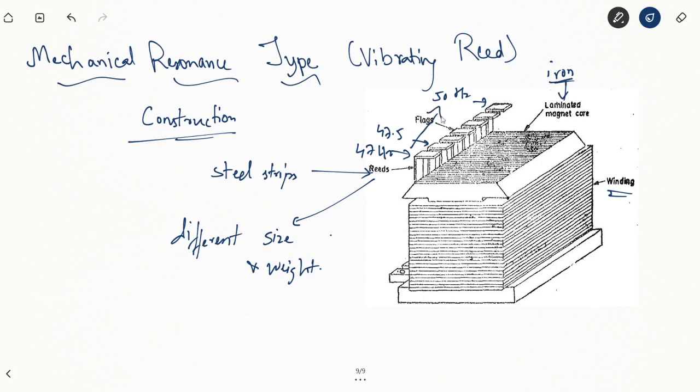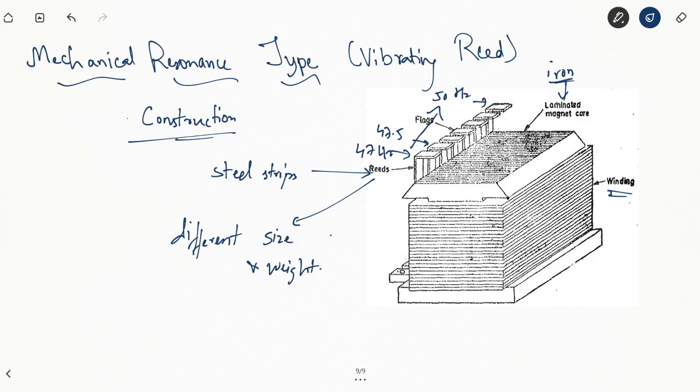The size and dimensions will be placed in such an order that the natural frequency of oscillation is also ascending.